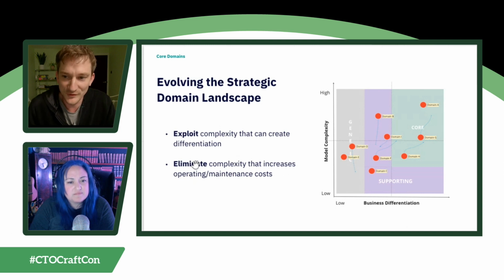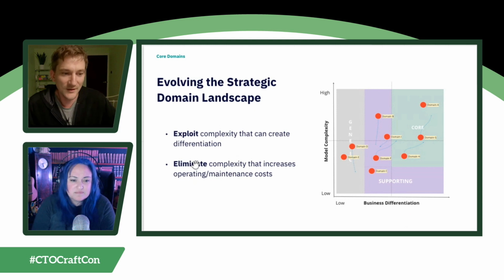So that's one option. Another option is, we could invest in reducing the complexity of domain B. So domain B is only supporting, but it's very complex. And typically there's a correlation between the more complex something is, the more effort to support it and the more people needed to support it. So with domain G, we want to make it more complex because we can exploit the business opportunity of solving a harder problem.